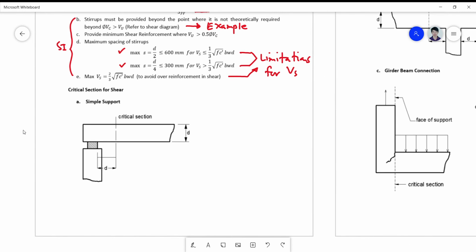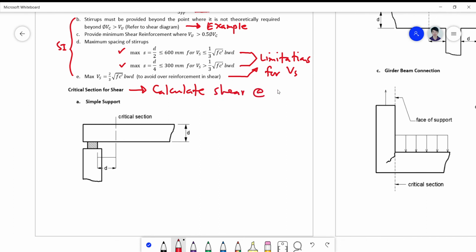Okay, for the critical section for shear, we need to calculate the maximum shear on the basis of the critical section. So it means that we have to calculate shear at the critical location.